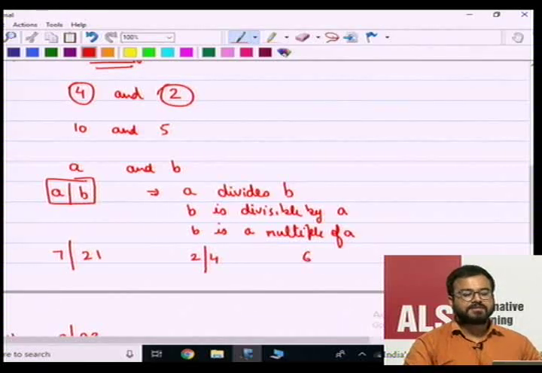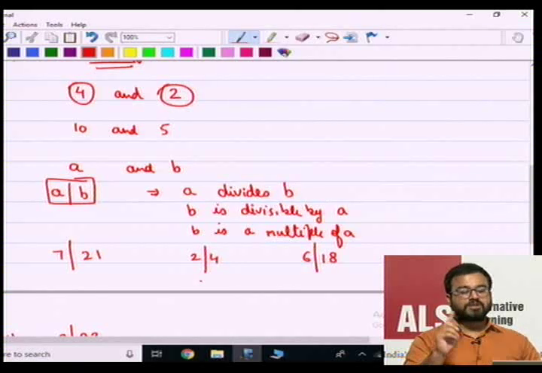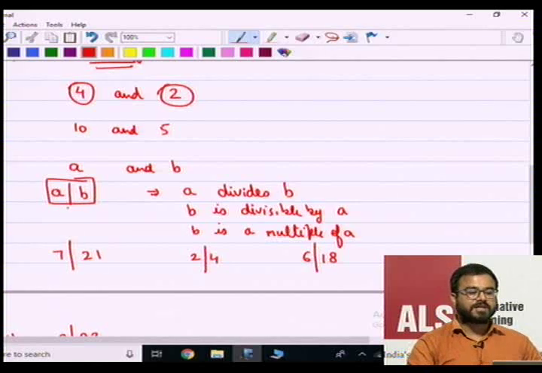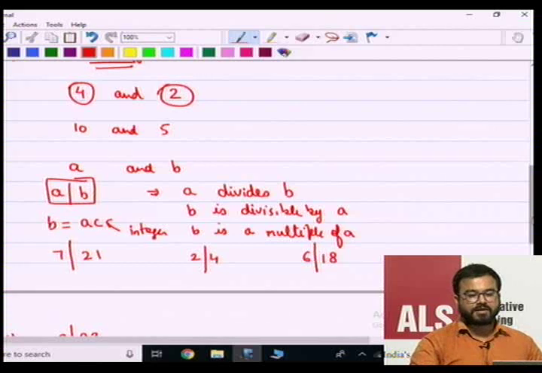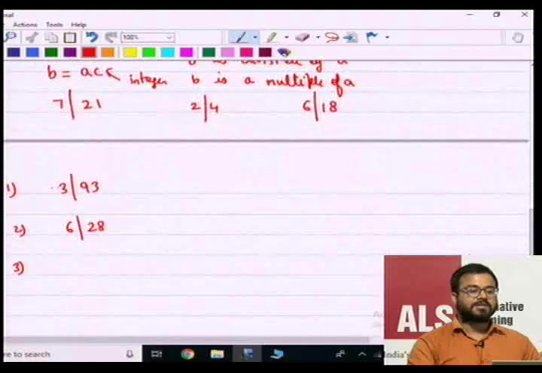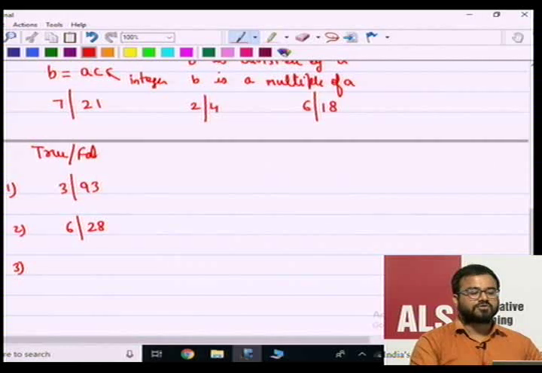Similarly, if I write 6 oblique 18, it means 6 divides 18 three times. So if you write A divides B, that should mean B equals AC, where C has to be some integer. For some integer C, A will divide B. If I ask whether this statement is true or false, you have to check.